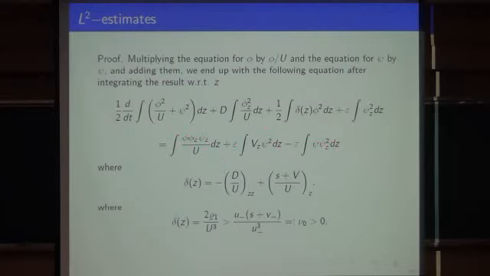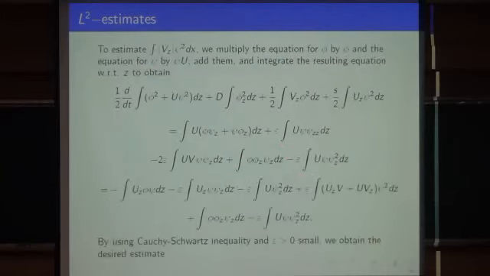But then there's this term. This is the traveling wave. And it's also a bad sign. This is increasing. Remember, this is increasing. It's on the other side. So we had to estimate this term.